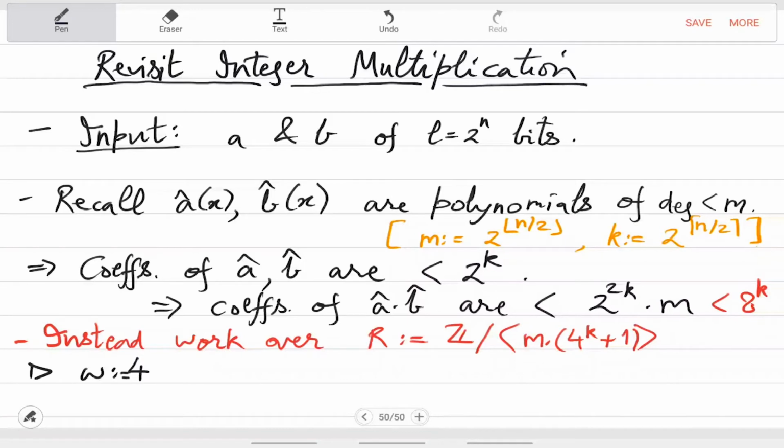So in that ring, what is the order of 4? 2k. It is 2k, right? So we have a 2kth root of unity, which is 4. So we'll work with this. So omega in this arithmetic has order 2k.